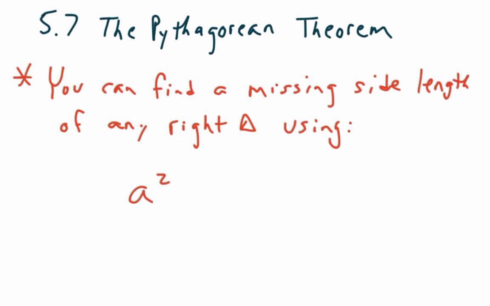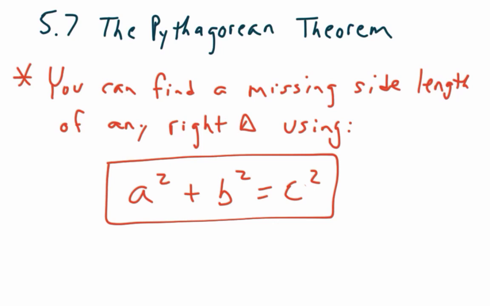They always use lowercase letters, so it'll be a squared plus b squared equals c squared. This technically is the Pythagorean theorem: a squared plus b squared equals c squared.